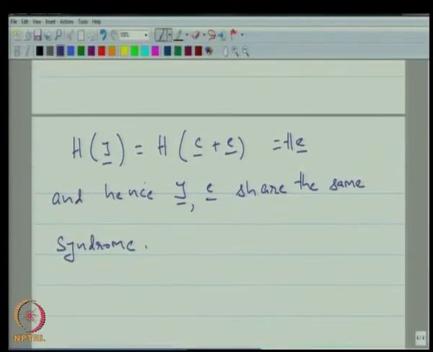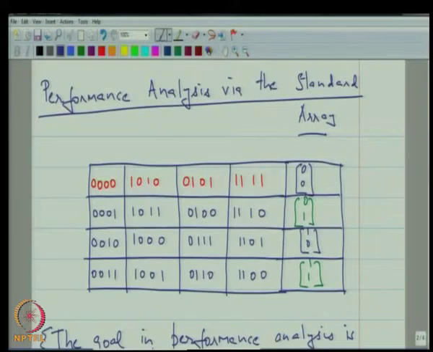Now, let us go back to the standard array and view the elements of the standard array. Earlier we were viewing them as received vectors, and we were saying supposing this was the received vector, what would happen and so on. But this time we are going to change our view. We are going to look at the same table, but now treat each entry in the table as if it was an error pattern.